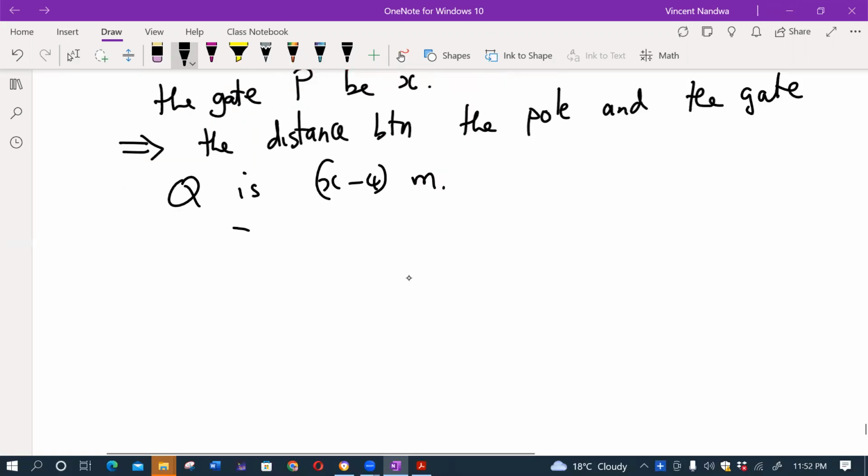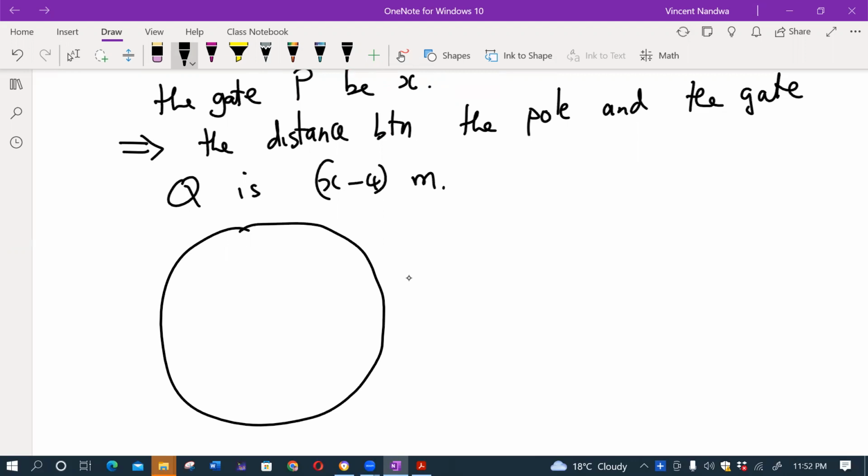So if this is the circular boundary, then let the pole be at this point here. Let's have P at this point here, and let's have Q at this point here.